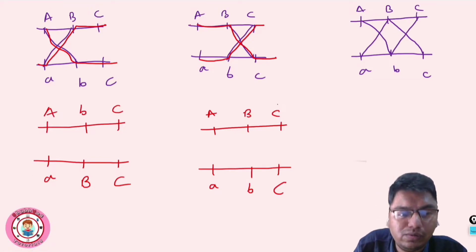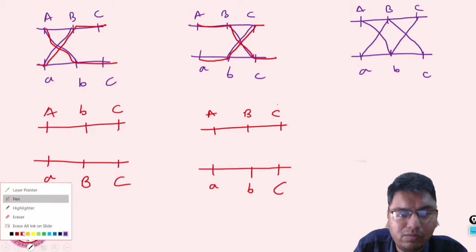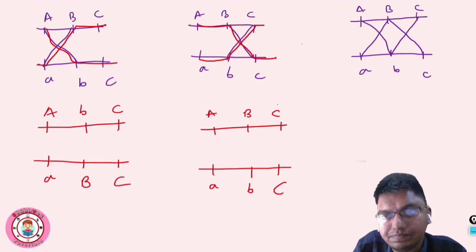Double crossover. And what will happen? See, this is easy. Start from here like that. This is one and this is the other. Alright?